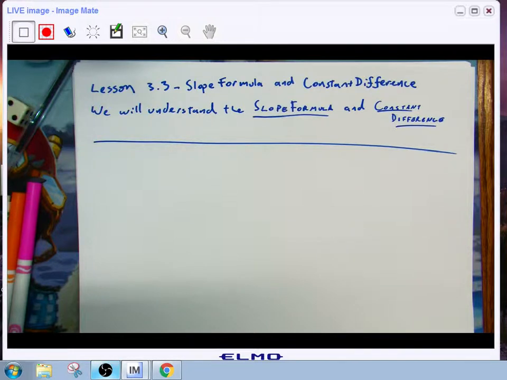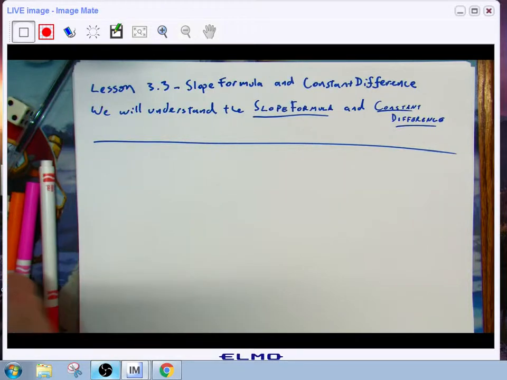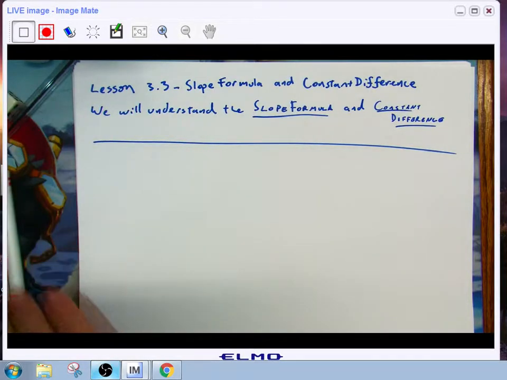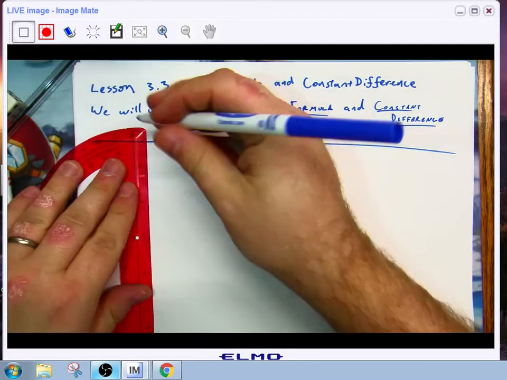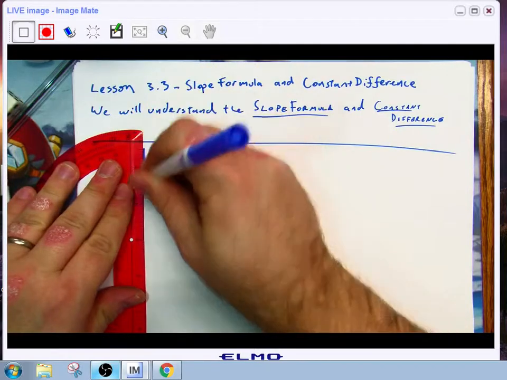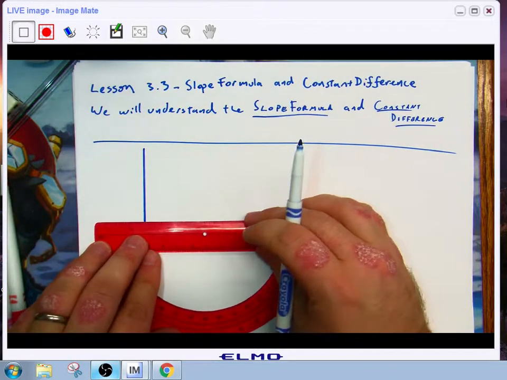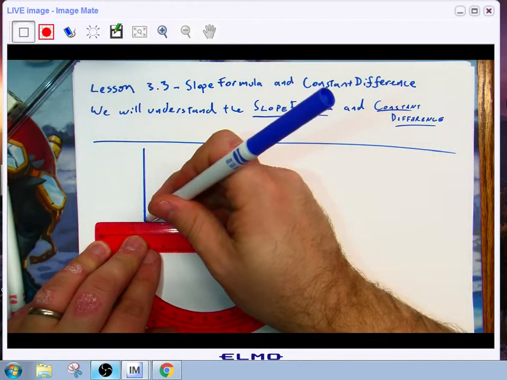So thinking about Scott's push-ups, that exercise we just did, I want to think about what that looks like as a graph. I'm just going to sketch out a quick little graph here. It may not be the most precise graph, but we need a visual aid to understand what's going on.